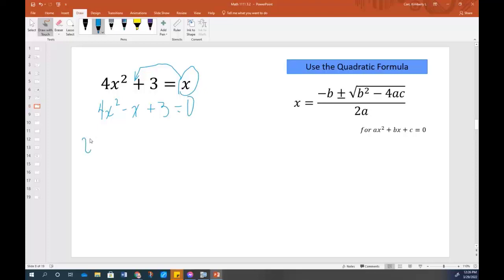And now the quadratic formula, x equals the opposite of b plus or minus the square root of b squared minus 4ac, all over 2a.